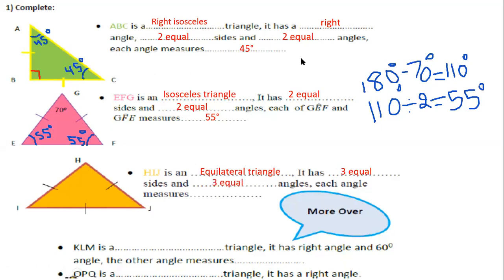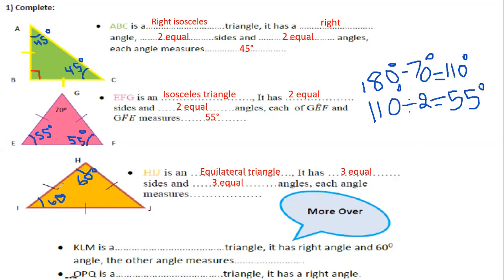I told you that in an equilateral triangle, each angle always measures 60 degrees. This angle measures 60 degrees, this angle measures 60 degrees, and the third angle measures 60 degrees.